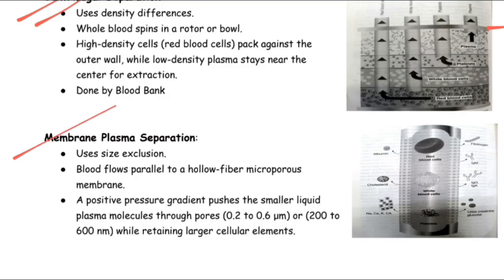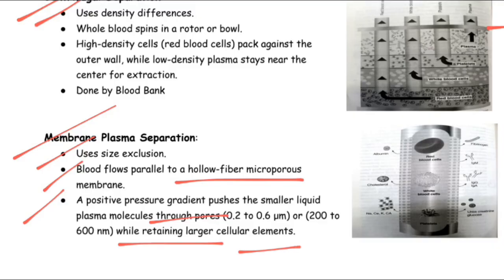Now, membrane plasma separation uses size exclusion. Blood flows through a hollow fiber microporous membrane like in hemodialysis. A positive pressure gradient pushes the smaller liquid plasma molecules through the pores while retaining larger cellular elements.